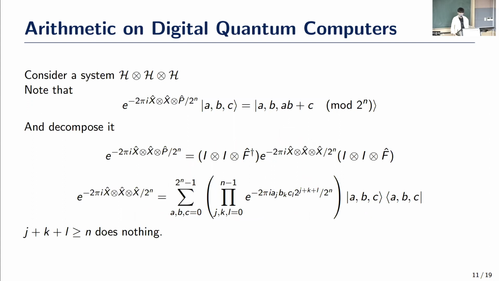Now let's consider a system H tensor H tensor H, and the time evolution of X tensor X tensor P shifts the third register by A times B modulo 2 to the n.